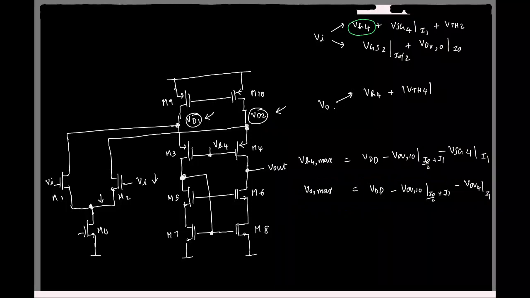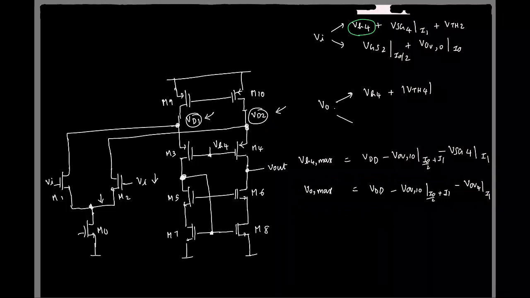Okay, so how about the minimum? So what limits the minimum output? Here you'll have to be slightly careful because of the diode connection, but again it turns out like that. So if I call this VB6, minimum it can go is VB6 minus VTH6, right? So it's minus. And what is the minimum of VB6?